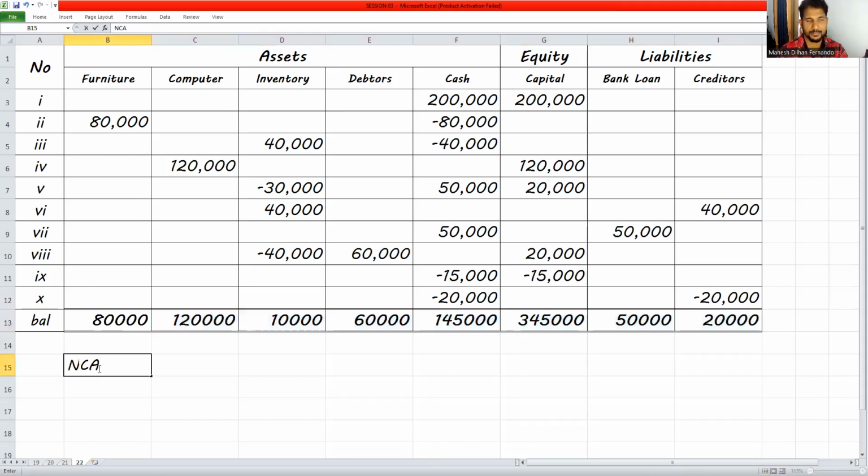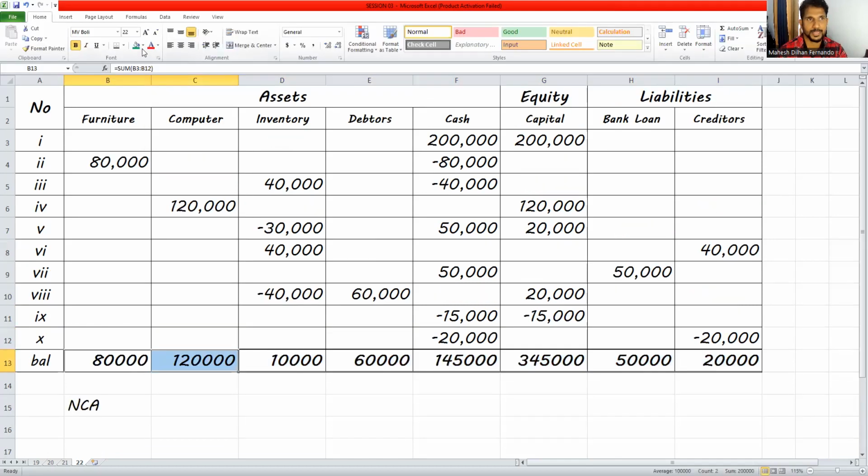Non-current assets. This time we have two non-current assets. How much? 200,000. Both furniture and computer are recognized as non-current assets. Current assets: inventory, debtors and cash.